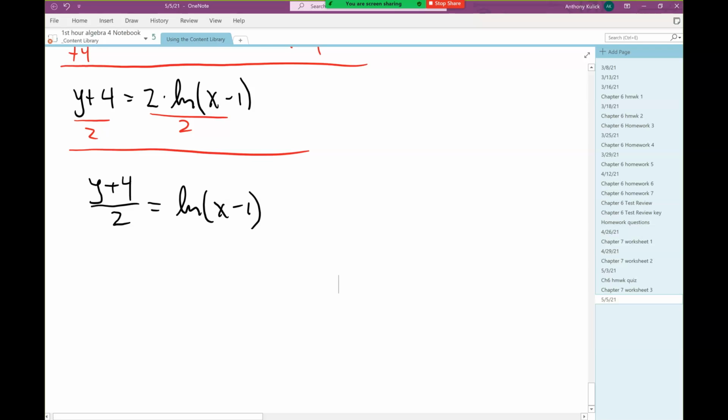Close. ln is a logarithm, so a logarithm won't cancel out another logarithm. But remember, logarithms cancel out exponent bases. So to cancel out a logarithm, we're going to use an exponent base. So which exponent base should I use?